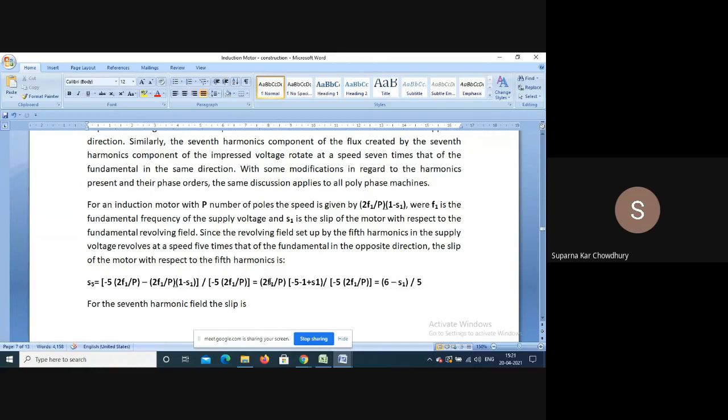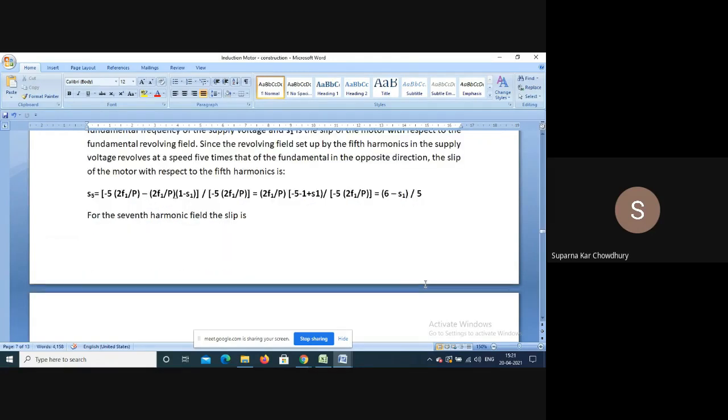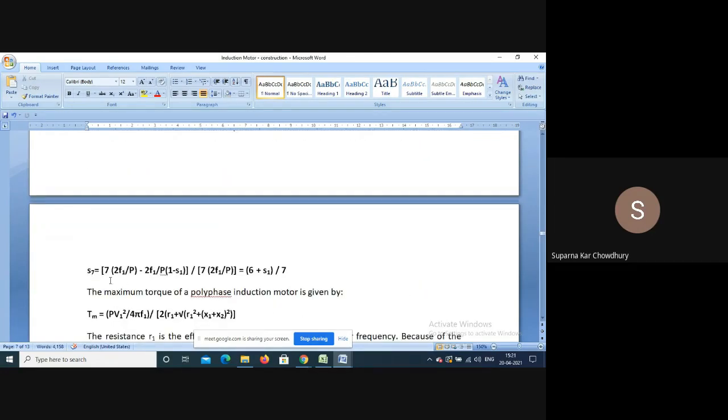If we simplify, it becomes S5 = (6 minus S1)/5. Similarly, we can derive it for the 7th harmonic. For the 7th harmonic, the speed of the field is 7 times that of the fundamental, minus the speed of the rotor, divided by again the synchronous speed of the 7th harmonic. So it will give (6 plus S1)/7. This way we can derive the slip for other harmonics also.